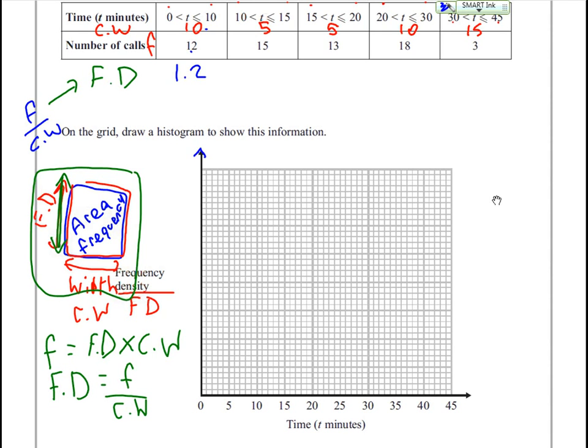5 divided by 15, you might have to do a quick bit of working out. 5 over 15, like I told you the trick, divide by 5, 1 over 3. 0.33 recurring. Interesting. Have I gone wrong here?